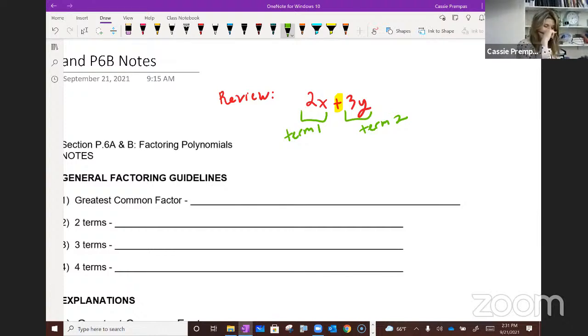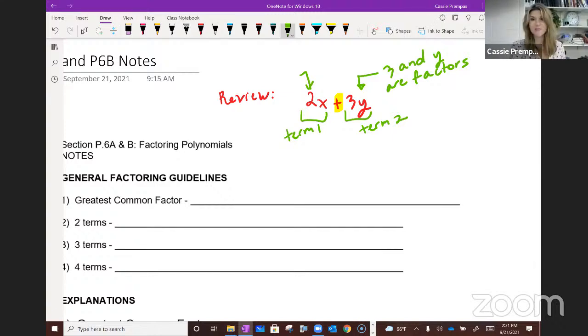More vocabulary that will come up today is a factor. If I look at the term 3y, there would be 2 factors. 3 and y are factors. I know that because they're separated by multiplication. Turn to your partner and tell them what would be the 2 factors of the first term. 2x.